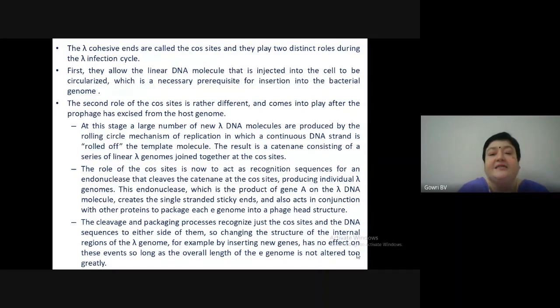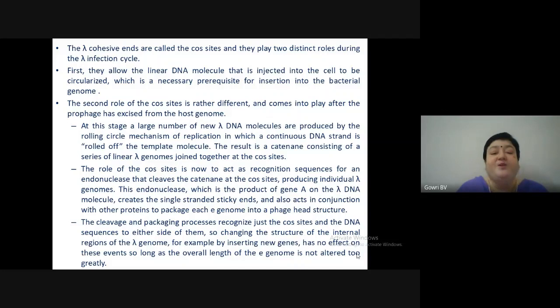The result is a catenane consisting of a series of linear lambda genomes joined together at the cos sites. Now, the role of the cos site is to act as a recognition sequence for an endonuclease that cleaves the catenane at the cos site, producing individual lambda genomes. So the endonuclease is the product of gene A on the lambda DNA molecule, which creates the single-stranded sticky ends and also acts in conjunction with other proteins to package each lambda genome into a phage head structure.